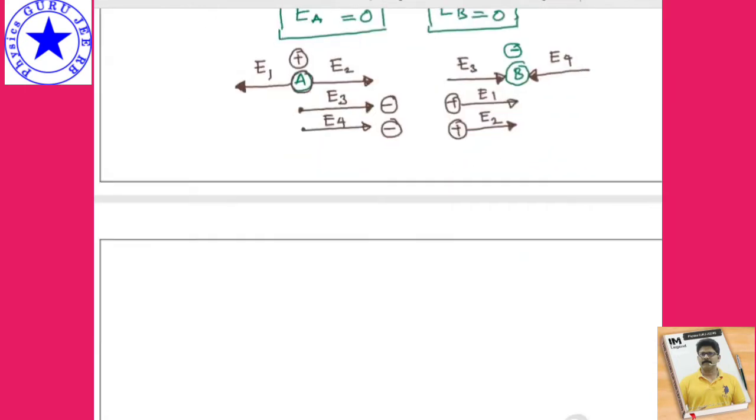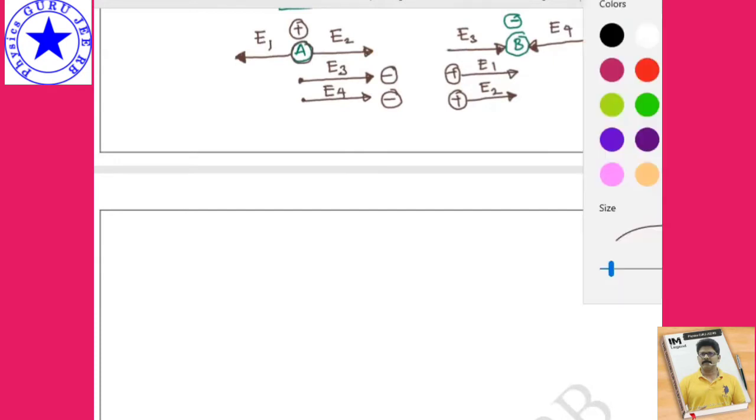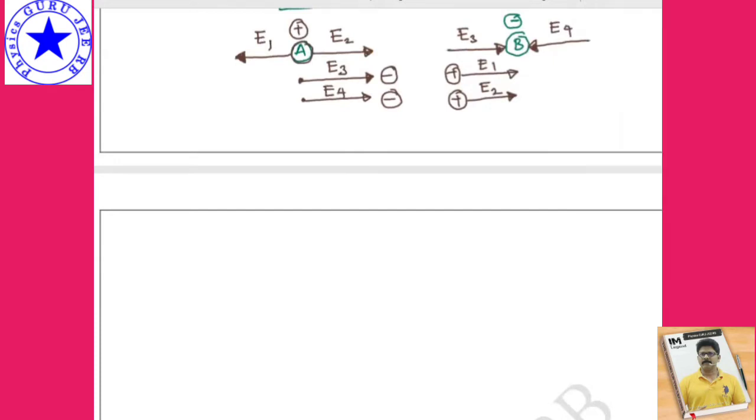So if I want the electric field intensity at point A, how can I proceed here? Let us see. Write the sign conventions here. EA can be written as E1 minus, right? Outside is positive, inside is negative.